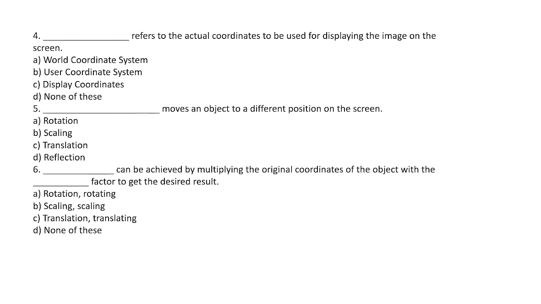That in coordinate systems, we have discussed about that 3 coordinates, right? World coordinate, user coordinate, display coordinate. So if I remember, the significance of the 3 coordinates: the world coordinate system is sometimes also called a universe coordinate system. It is a base reference system for the overall model.